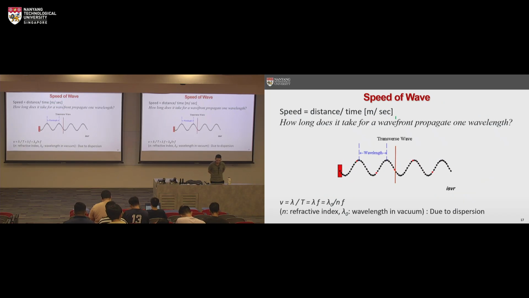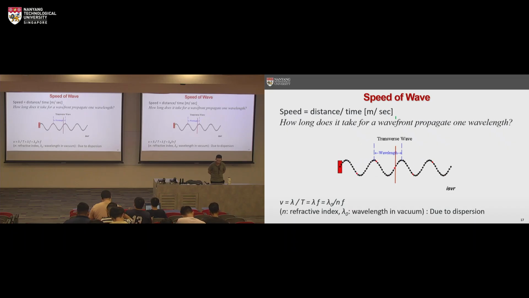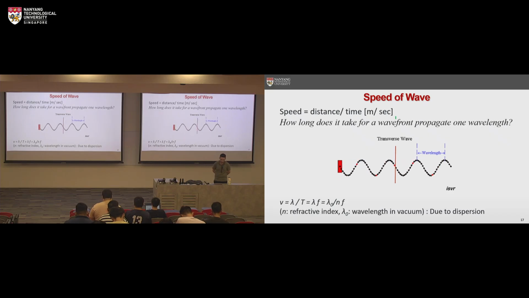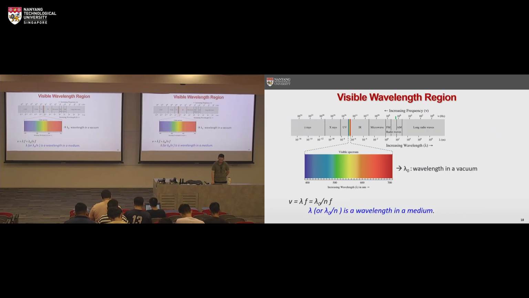Again, because if you define light as a wave, there are a lot of properties that you can calculate. Number one is the speed. If you know the speed, you can calculate the distance. And because of this, you must have heard of wavelength.